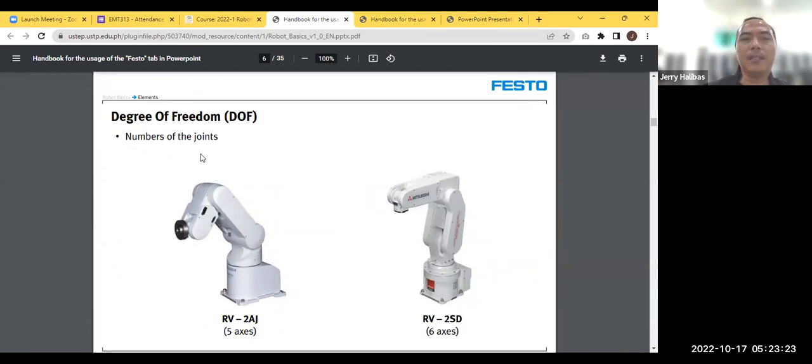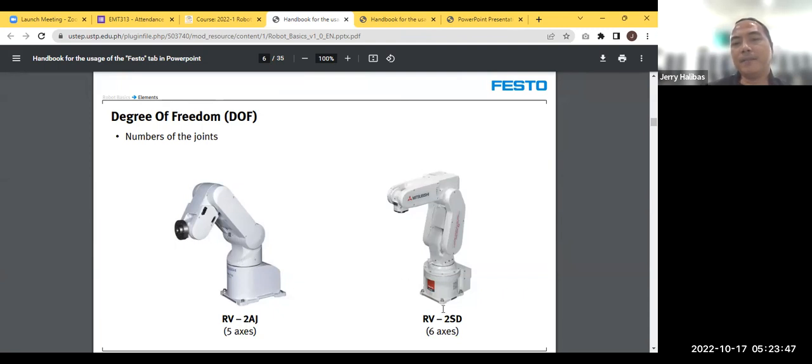So the number of all your joints is the degree of freedom of your robot. Example, if you have an RV-2AJ robot, it has 5 axes or 5 joint axes. Then that is also the degree of freedom of the robot, 5.